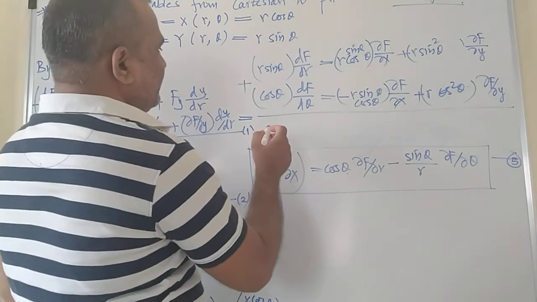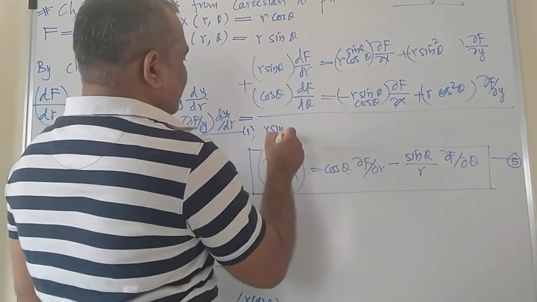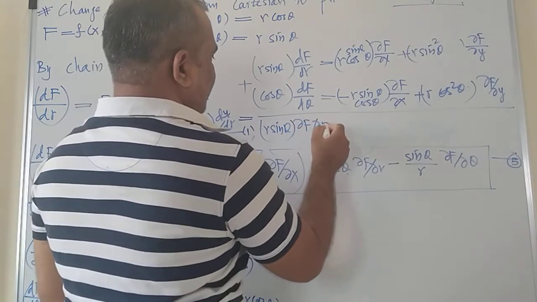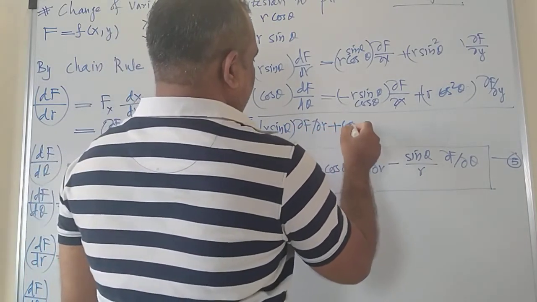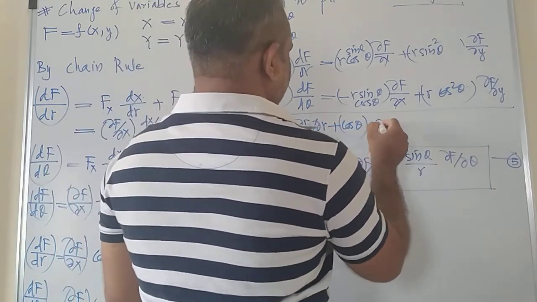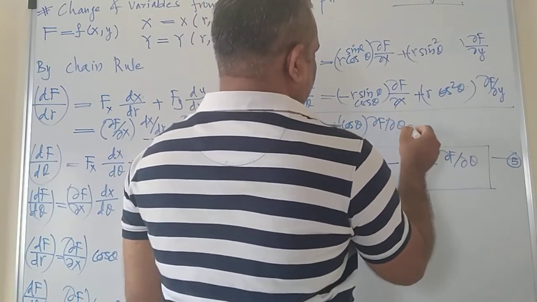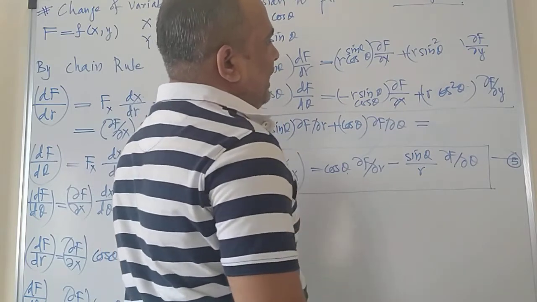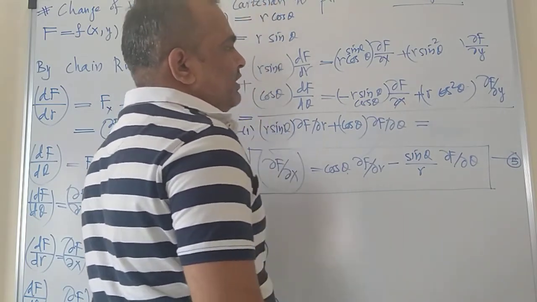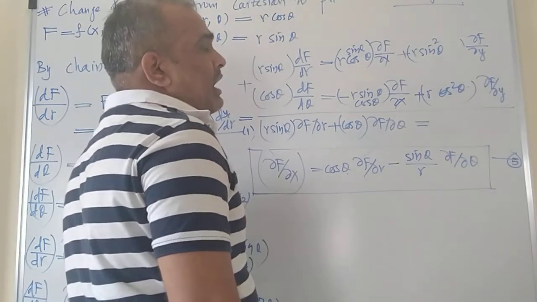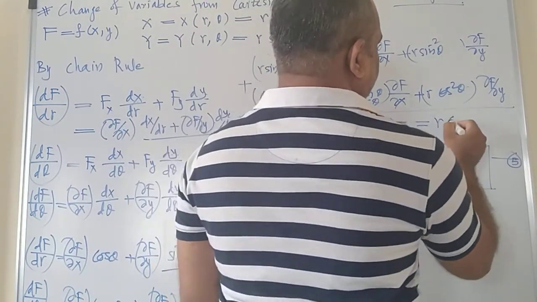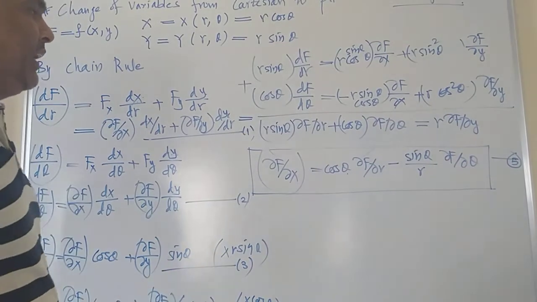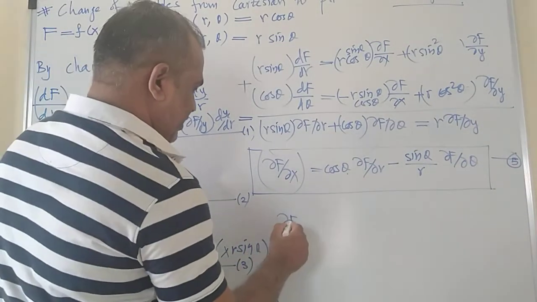So this will give me r times sin theta into ∂f/∂r plus cos theta into ∂f/∂θ, and this is equal to, on the right hand side you will be left with r times sin square theta plus cos square theta, which is r into ∂f/∂y. Let me write the equation for ∂f/∂y on the next line.